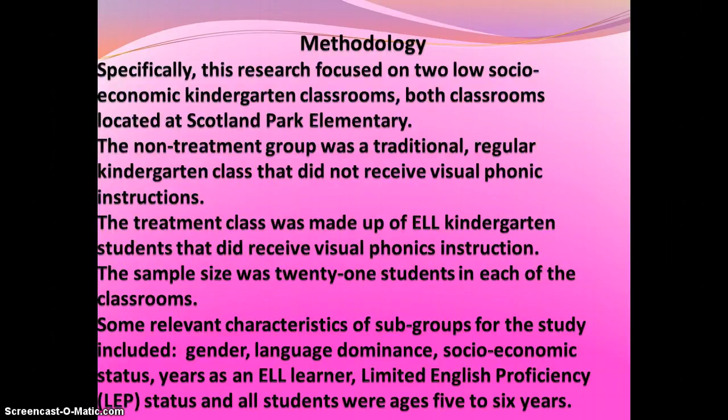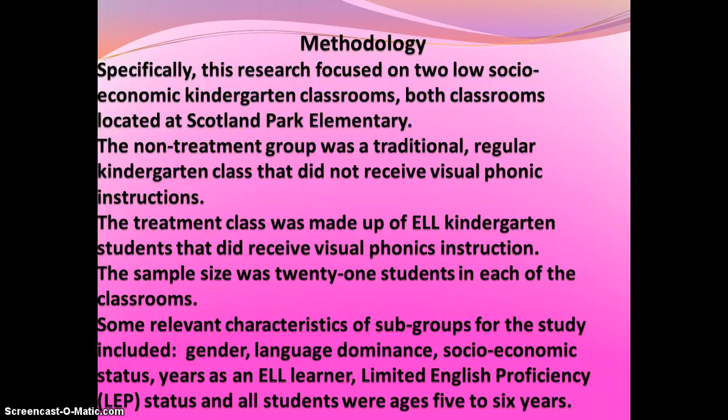The methodology. This research focused on two low socioeconomic kindergarten classrooms. Both classrooms were located at Scotland Park Elementary. The non-treatment group was a traditional regular kindergarten classroom that did not receive the visual phonics instruction. The treatment class was made up of ELL kindergarten students that did receive visual phonics instruction.